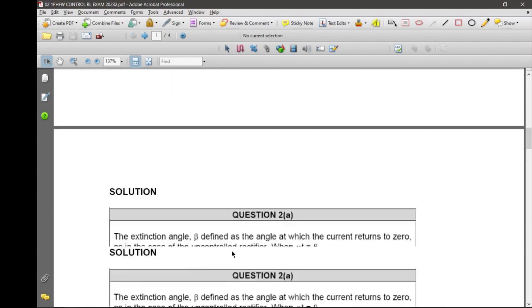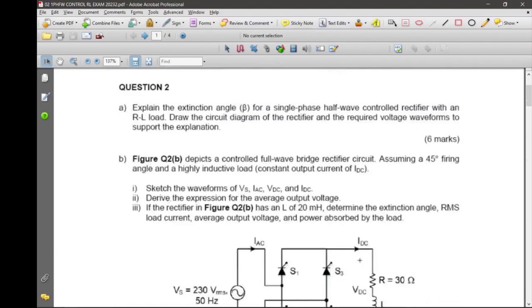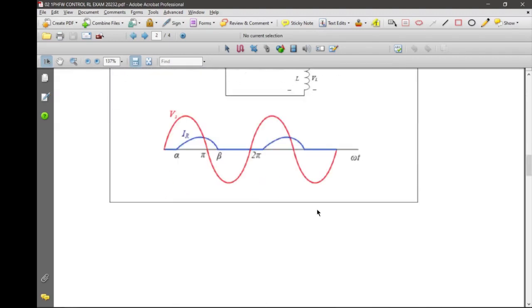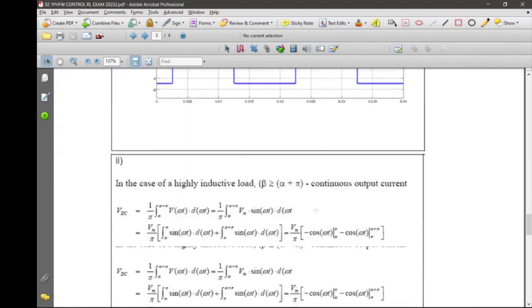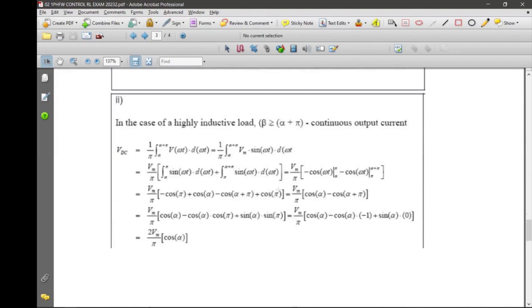And then part number 2, derive the expression for the average output voltage. Again, you can refer to the notes, so you simply integrate from alpha to alpha plus pi, and then you have this pi because it repeats every pi.